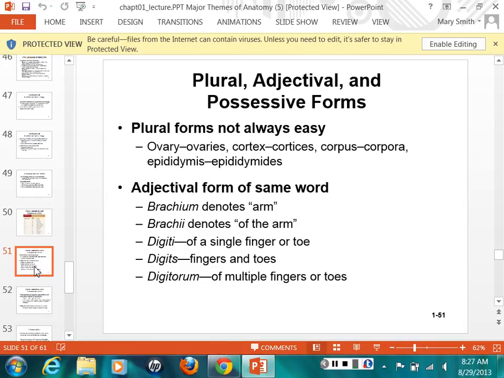Adjectives can also take different forms with the singular and plural, and for different degrees of comparison. The digits are the fingers and toes. The word digiti in a muscle name means of the singular finger or toe, whereas digitorum is the plural meaning of multiple fingers or toes. Thus, the extensor digiti minimi muscle extends only the little finger, whereas the extensor digitorum muscle extends all fingers except the thumb.